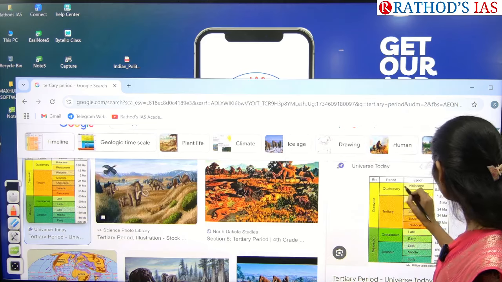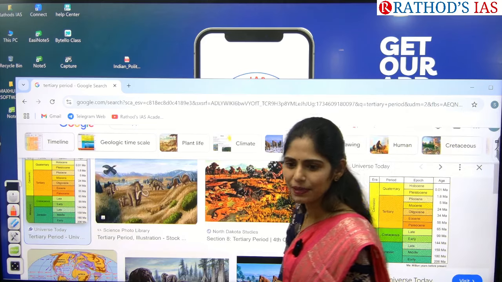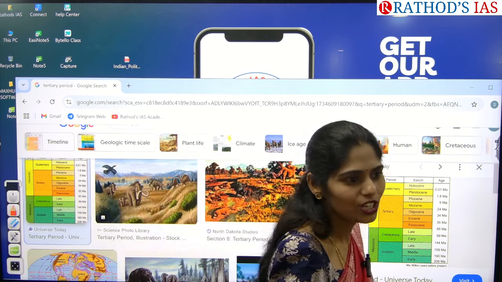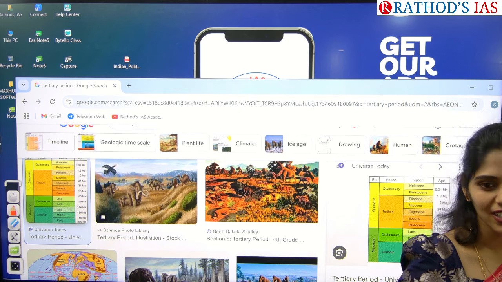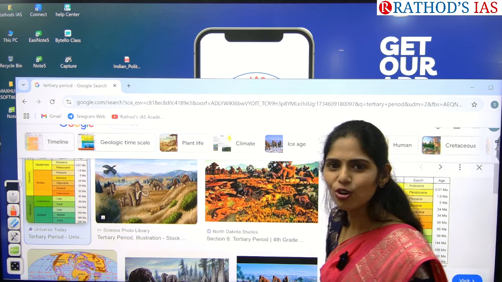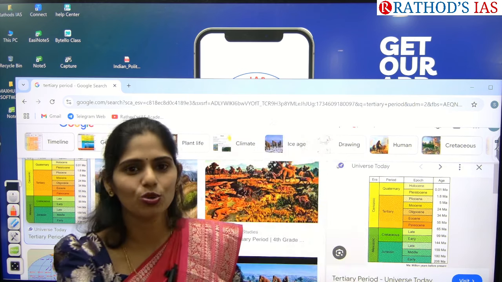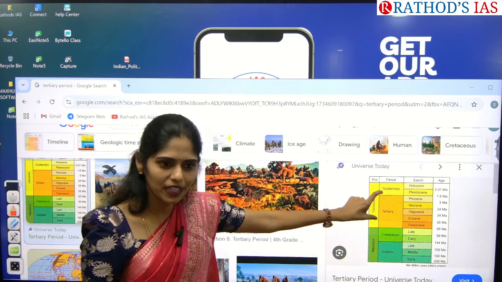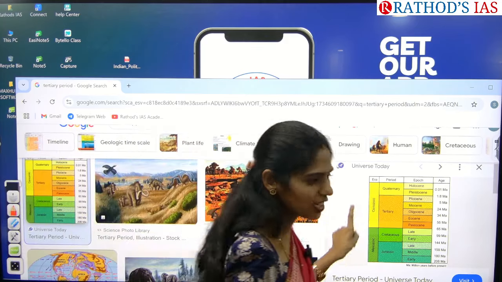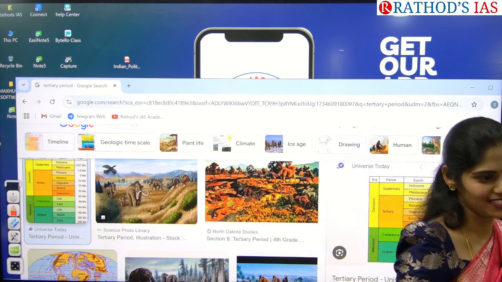The tertiary and quaternary periods provided a good environment for primate development. So most of the evolution of apes towards humans happened in these two periods. Because of this, your syllabus is asking about tertiary and quaternary primates.